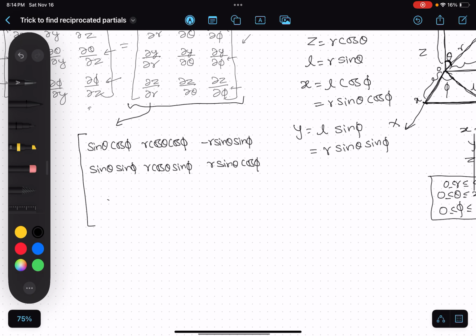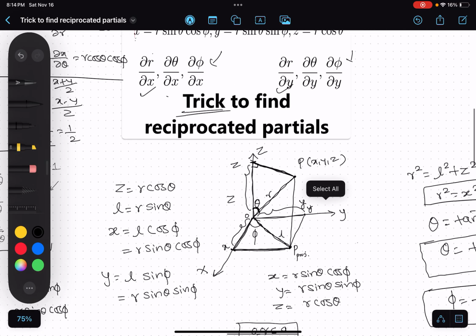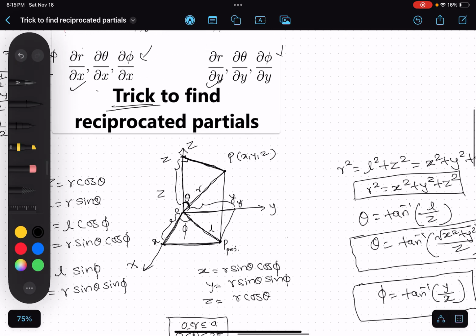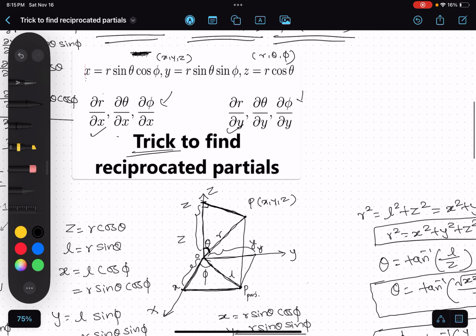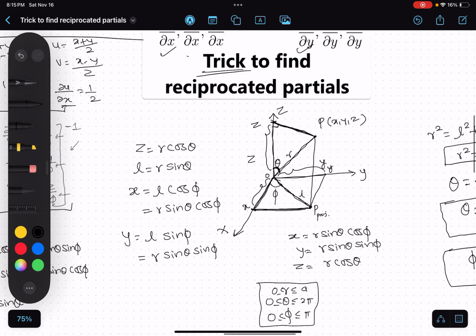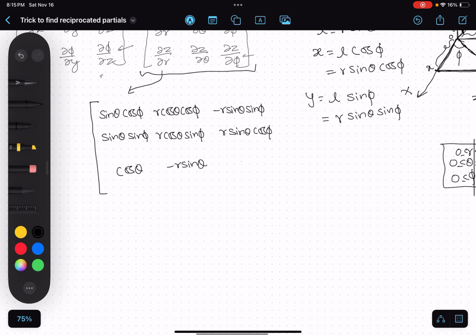Cos theta. Partial z by partial theta? Minus r sin theta. Partial z by partial phi? That's zero, because there's no phi in it, so everything is a constant. So we need to find its inverse, and now to find its inverse.